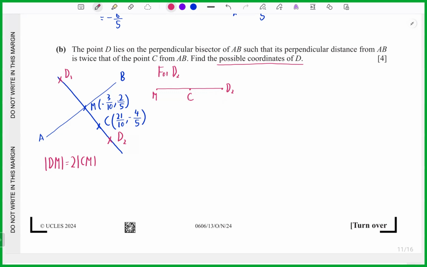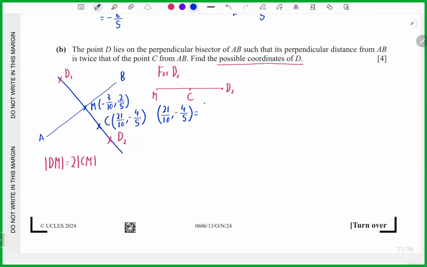So C is the middle point, or midpoint, of D2M. So you need to take 21 over 10, negative 4 over 5 as the midpoint of D2M.